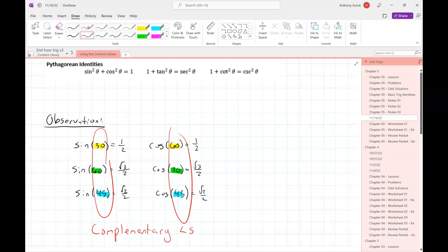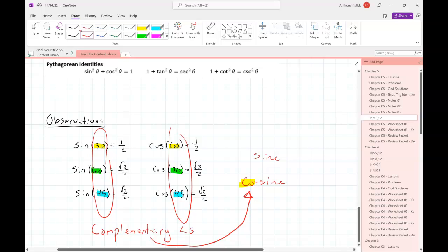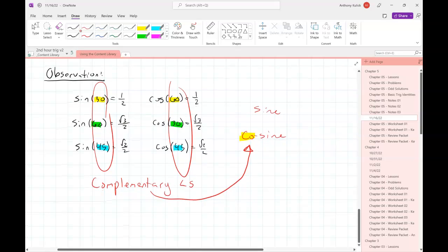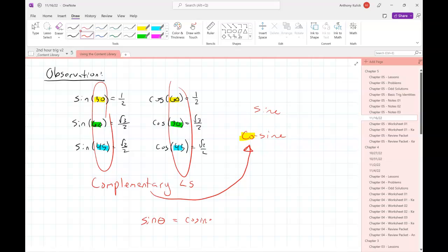So have you noticed we have sine, and then we have cosine. Have you ever wondered what the co is short for? Complementary. These are what are called complementary functions because sine of theta equals cosine of the complement of theta.